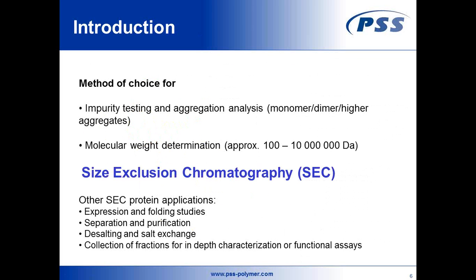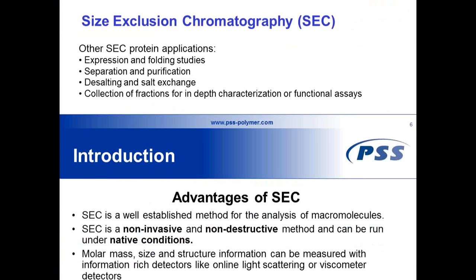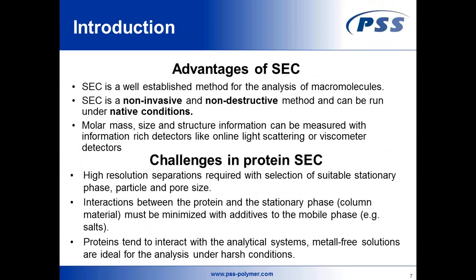These are all processes ending up with substances that are different in size, and they can be easily observed by size exclusion chromatography. The most important advantage of using SEC as a method for protein analysis is that SEC is a non-invasive and non-destructive method.